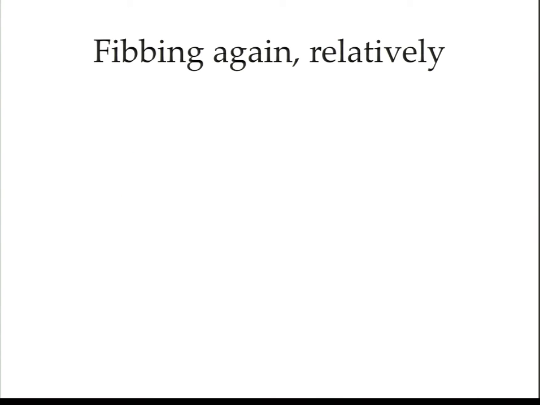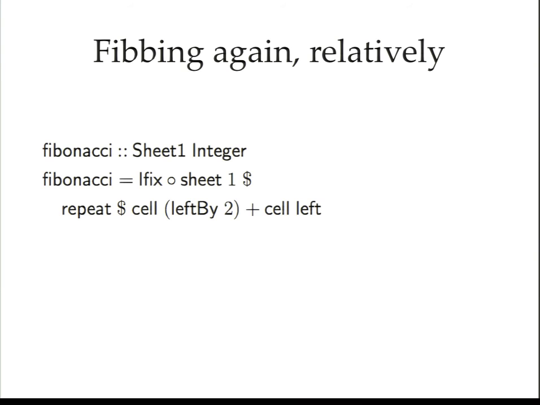So with a little bit of syntactic sugar, we can revisit the Fibonacci sequence that we were looking at earlier, just defining a couple of little functions to slide the tape left by a certain amount and dereference a particular cell. And this is efficient now because of the zipping structure of the L-fix operator.